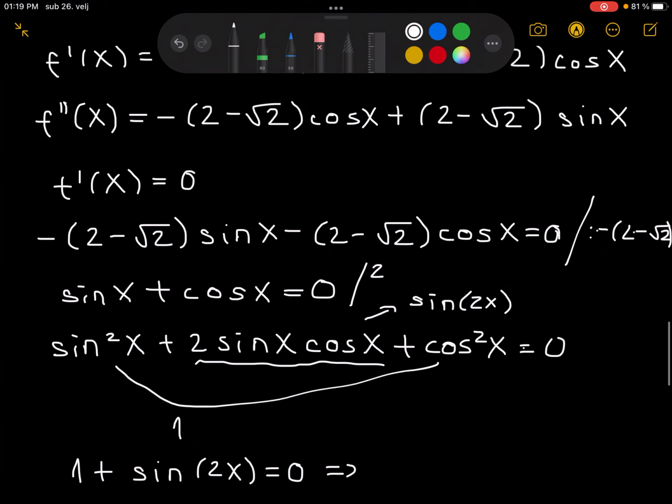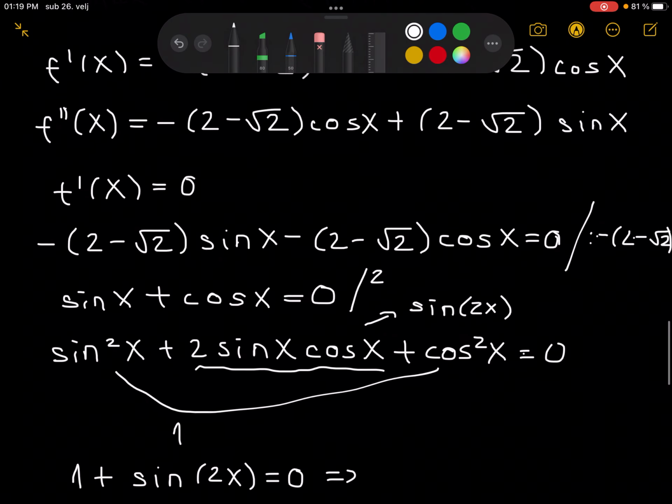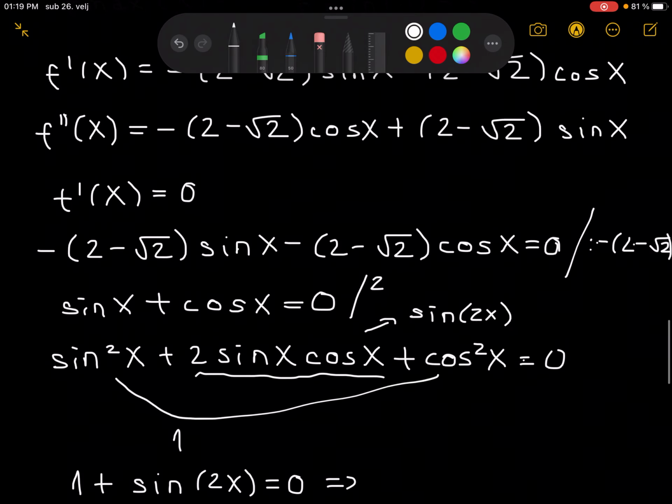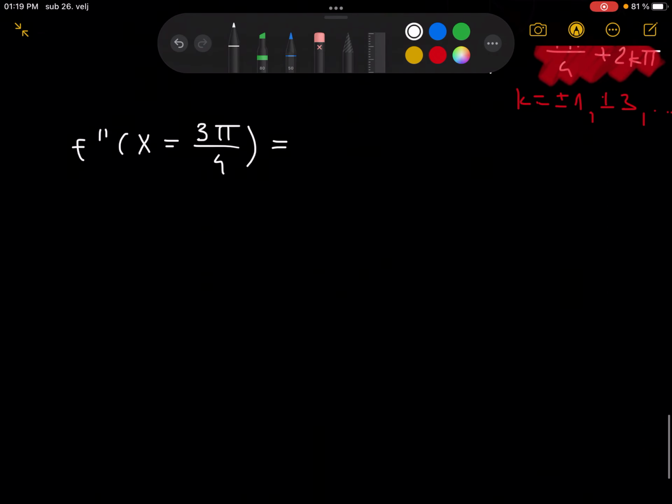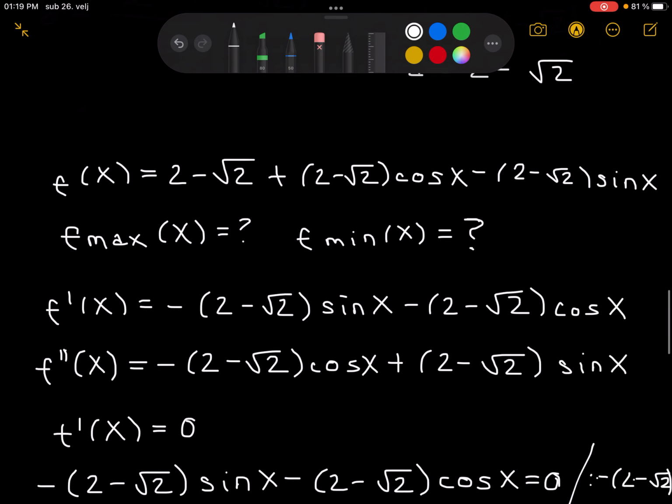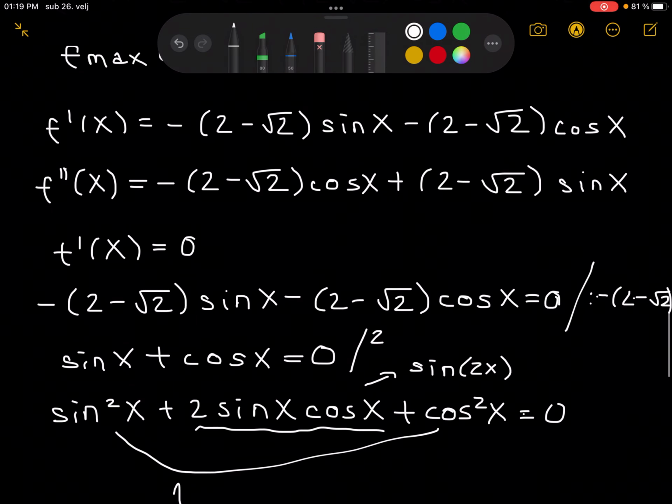And when you put in 3 pi over 4, you'll get that. Here it is.